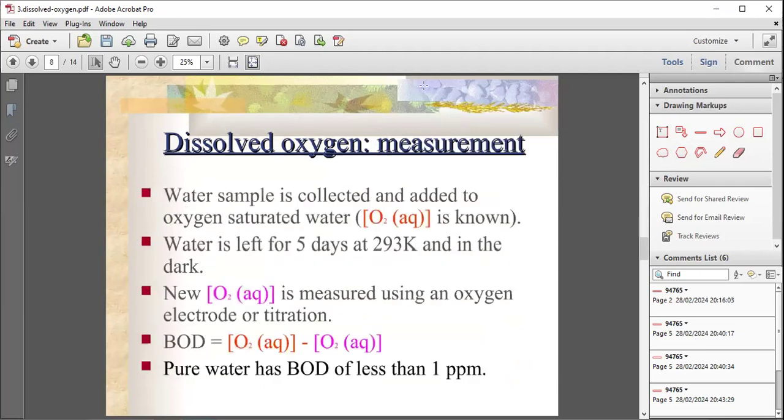The dissolved oxygen measurement, where the water sample is collected, is one of the practicals, so you can understand what they are doing.